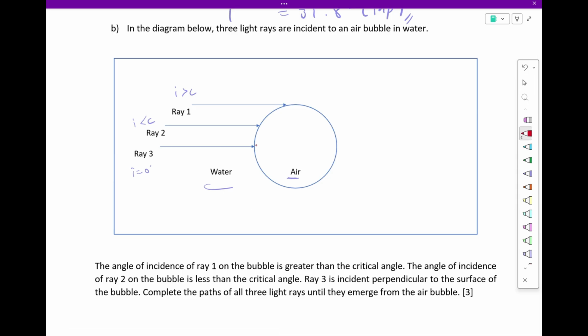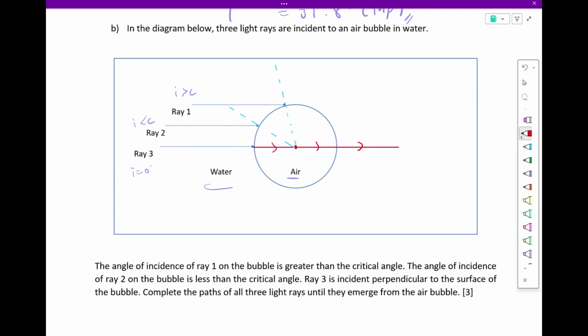This is a bubble, so if this is traveling at 90 degrees right in the middle, this is the center of the circle. To draw your normal, we just draw straight lines and make them dotted. Remember, for a circle, the normal is the radius. You do the same for the other side as well: here, here, here, and here.